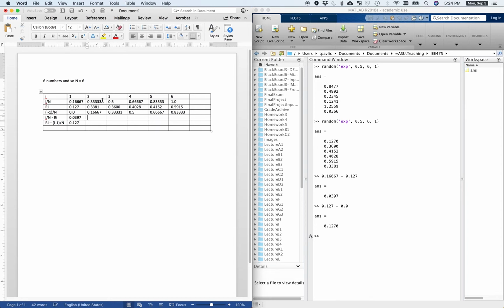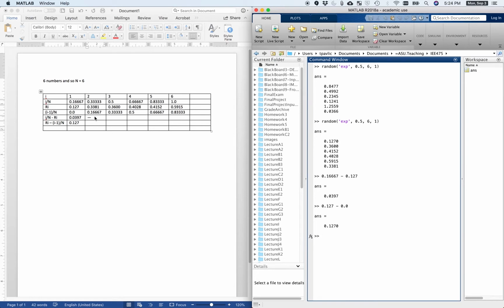And so then the next one here, I do the same sort of thing, 0.3333 minus 0.3338. Well, I know that this number minus this number is going to be negative, so I don't even need to calculate that. So I'm just going to put a little dash there. And then down here, 0.3338 minus 0.1667, well, I can do that over here.